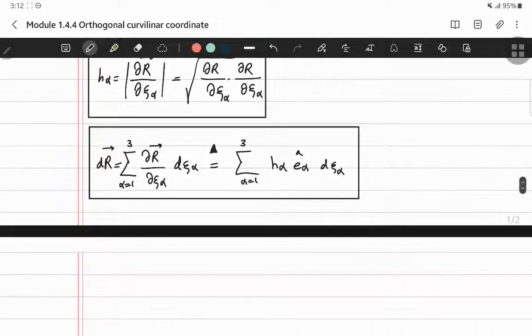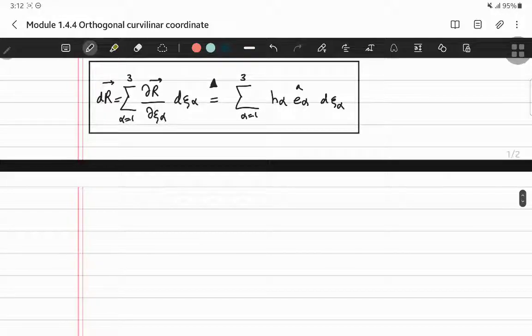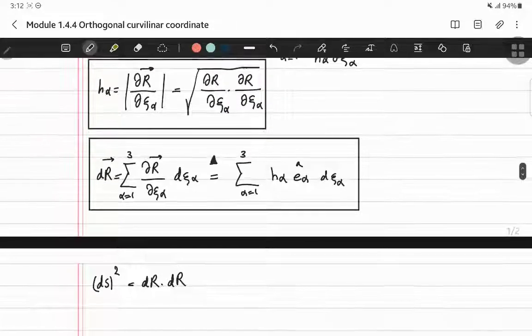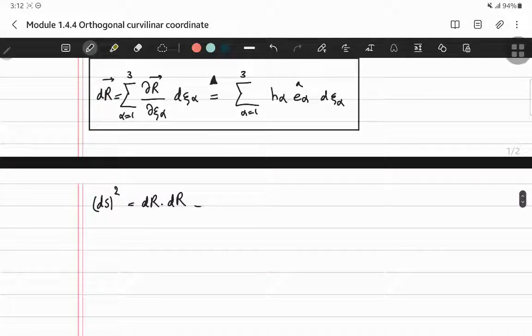We also need another definition, which is basically ds squared. These are all the equations that we need to proceed further, and we also derived these kinds of equations in the Cartesian coordinate system. It is nothing but dr times the dot product of dr. So we have dr already here.